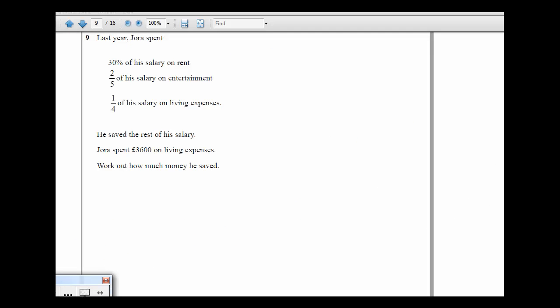Okay, so question 9. Last year, Jorah spent 30% of his salary on rent, 2/5 of his salary on entertainment, and 1/4 of his salary on living expenses. Now the first thing I'm going to do is change all of those amounts into percentages. So 2/5, that's the same as 0.4, which is 40%.